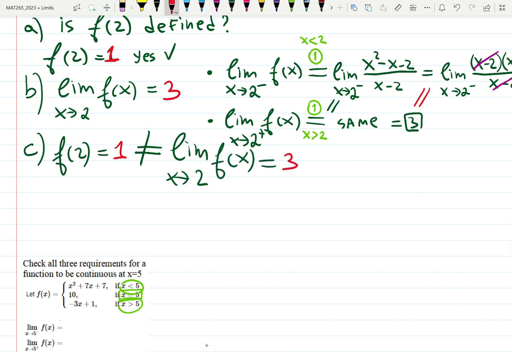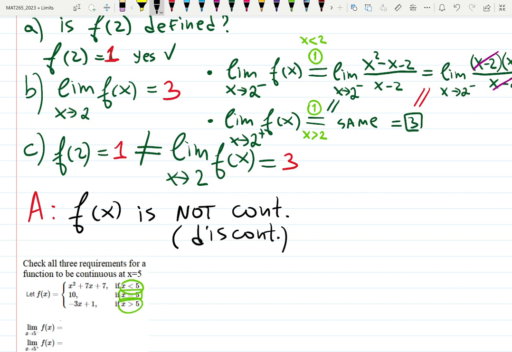That means there is a hole. So we're going to write down the answer. A means answer, in black. f of x is not continuous, or discontinuous, that's the same thing. Is not continuous.